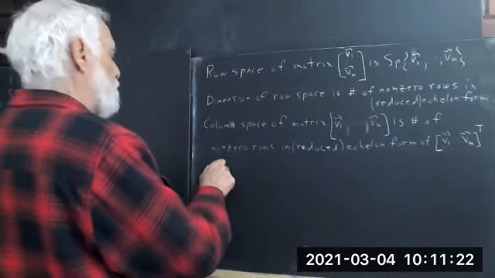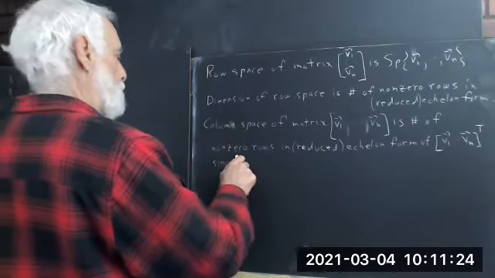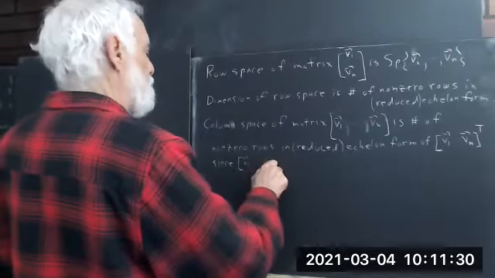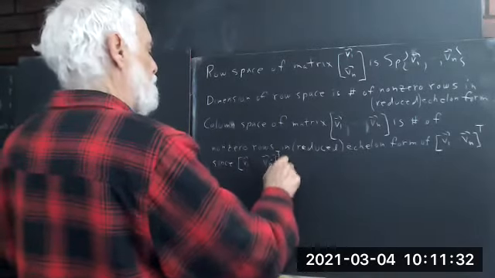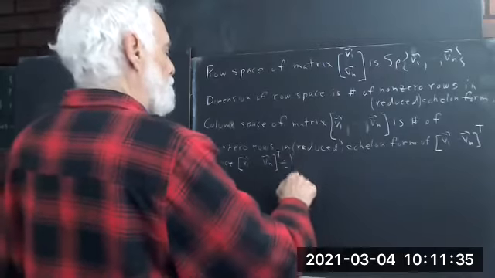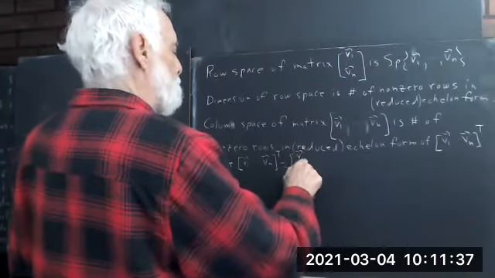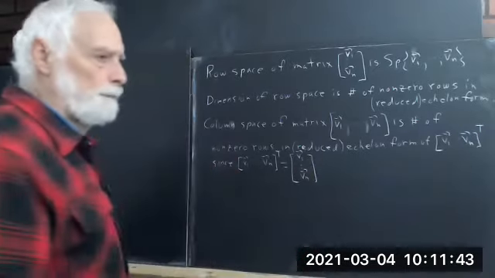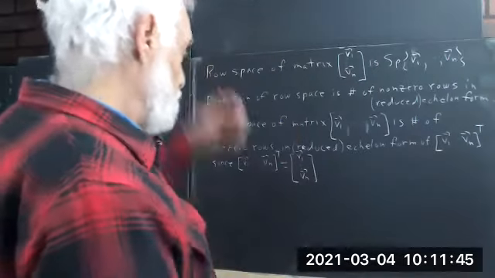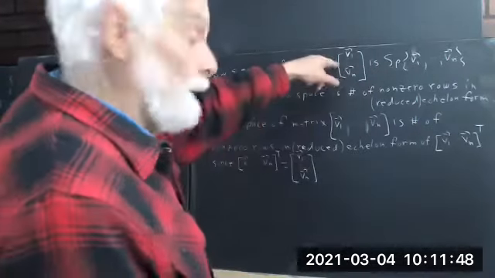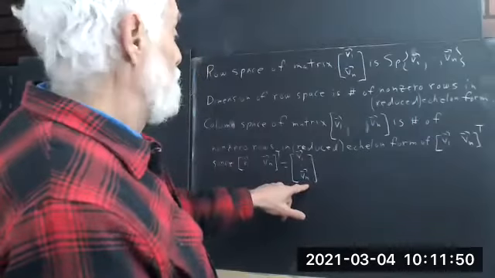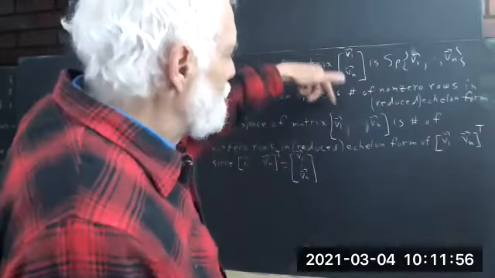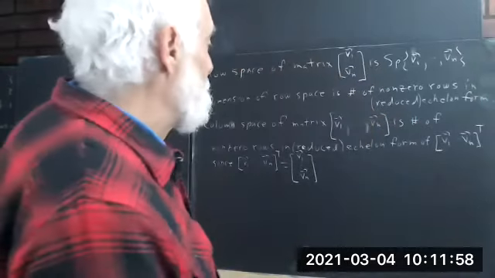So I'll say the transpose of this is, well, be this, okay? So again, you have column vectors.